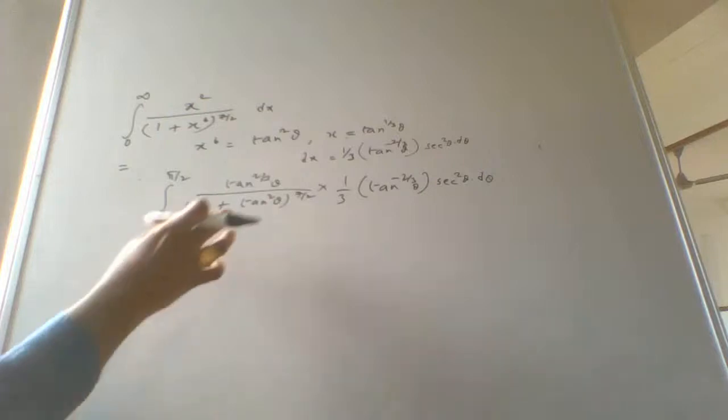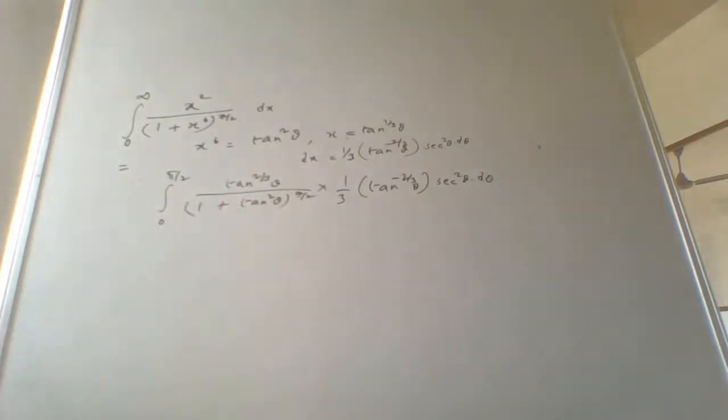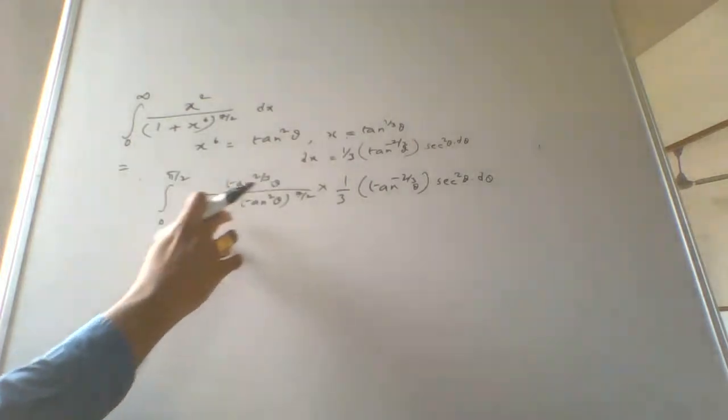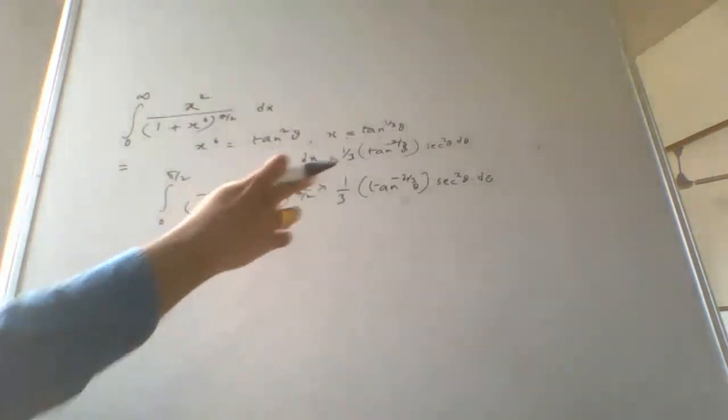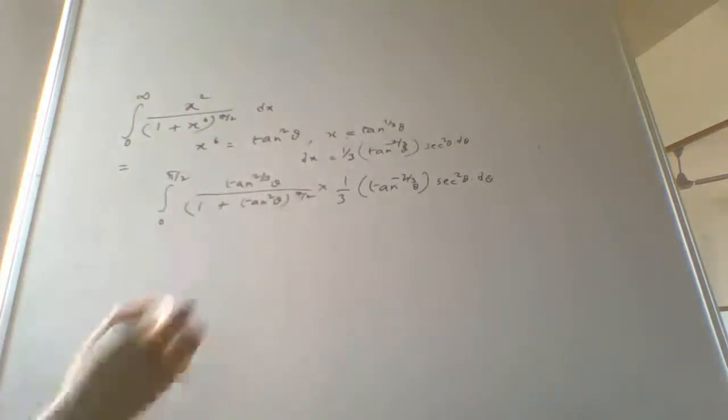Now further, this is secant square to the power 7 by 2, and I have secant square theta. If I simplify all those, now this and this get cancelled.